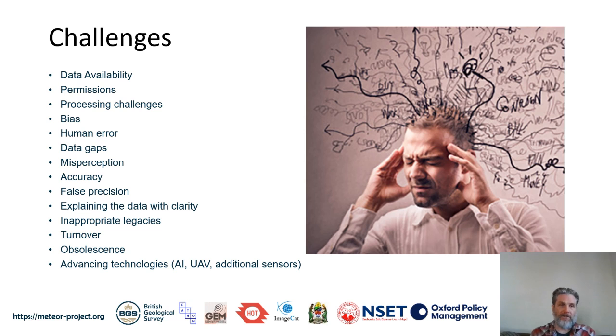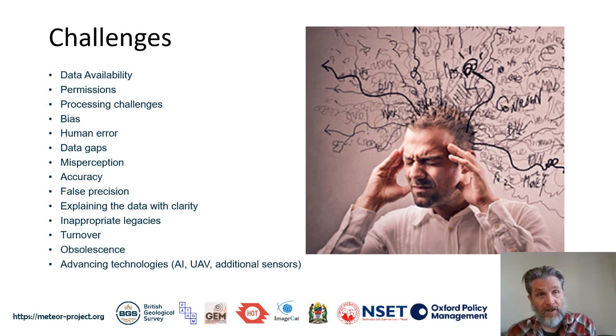So, challenges. You've had a whirlwind tour of what exposure data is and what some of the components are. I've introduced some of the challenges along the way, but these are things that you need to think about when you're putting together exposure data, or that you need to consider that others might have done.